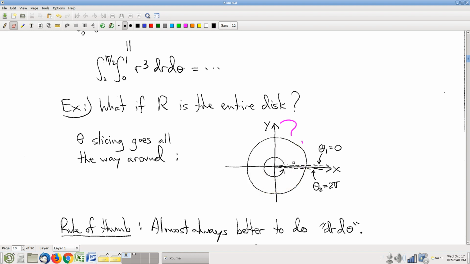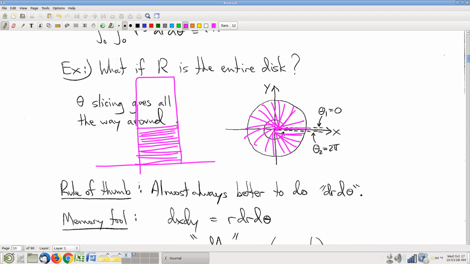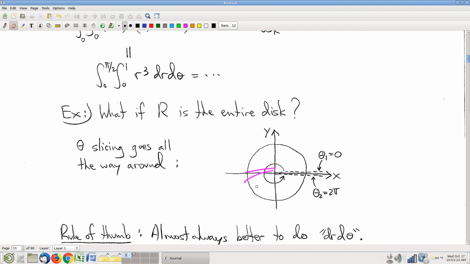But the point is, if you were to do the pullback, you only need to go far enough until your slices make it all the way around once, and then you've covered the whole domain. Not only is there no need to go any further, if you go further, then you're double counting in the xy plane. I like to throw this example in there. Going all the way around just means 0 to 2 pi.